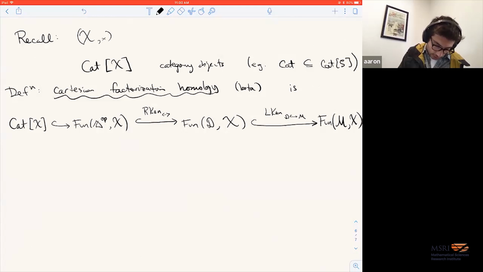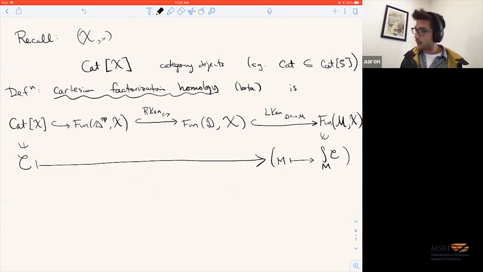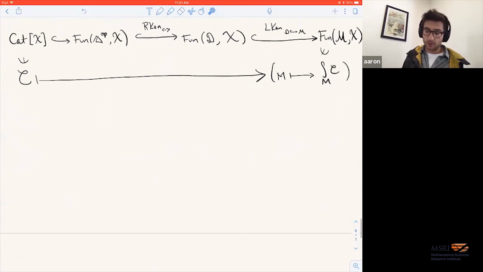And that gives us a functor from M into X. So notationally, this takes a category object and gives us the functor that sends a compact framed one-manifold to the factorization homology of C over it. So that's the notation. And again, mostly you should just think of X being spaces, and then you're getting factorization homology beta, as I indicated earlier.